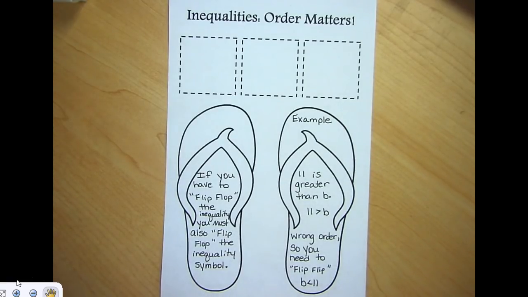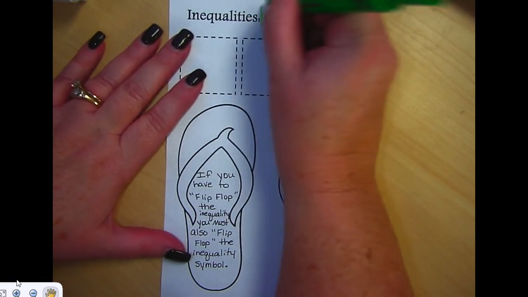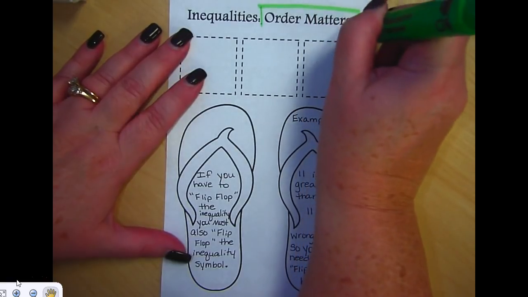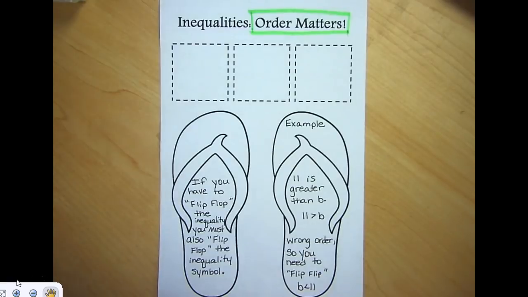As we've been solving equations and two-step equations, do you remember if we had like 3 equals n, we said don't switch the sides because it's going to matter later? Well, in inequality, the order matters. Mark order matters.